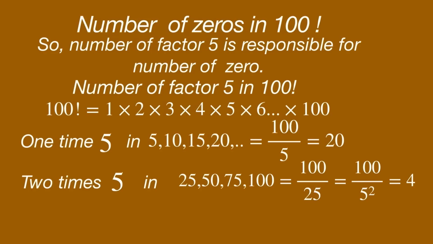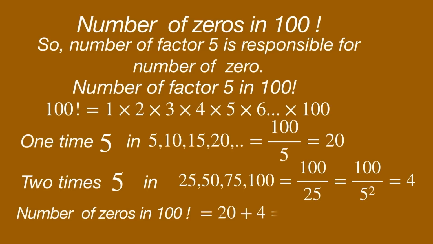So we have found that the number of zeros at the end of 100 factorial will be 20 plus 4, which is 100 by 5 plus 100 by 5 square, that is 20 plus 4 equal to 24. So this is the answer of the question.